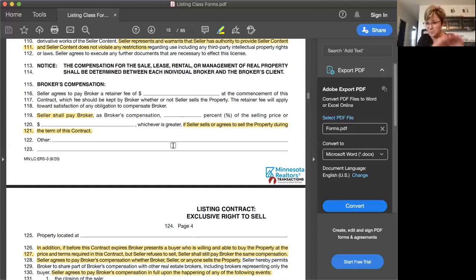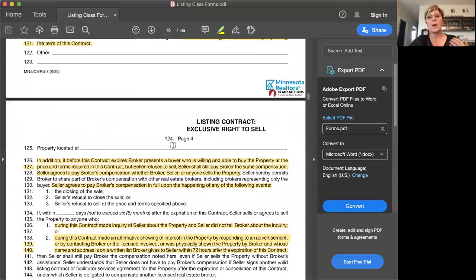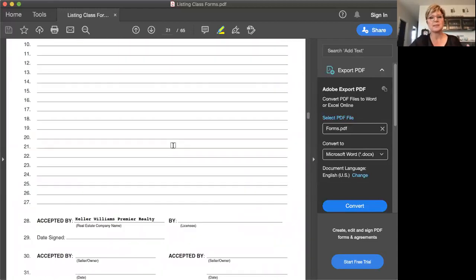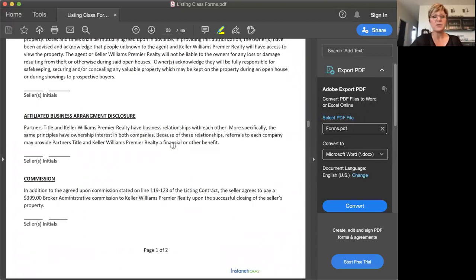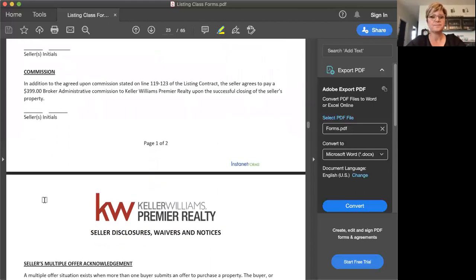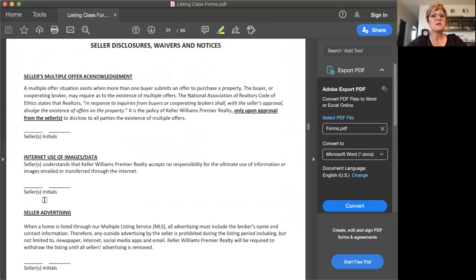So I've already explained to them what it is and what it's for when we go through the bulk of the listing contract. Then when I get back to this form, I say, this is just, again, referencing that you're paying that 6% commission or whatever your commission is, plus that $3.99. And then the initial. Okay.